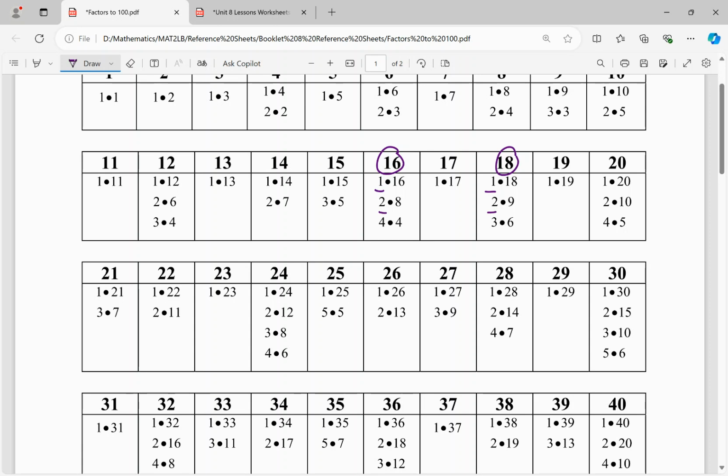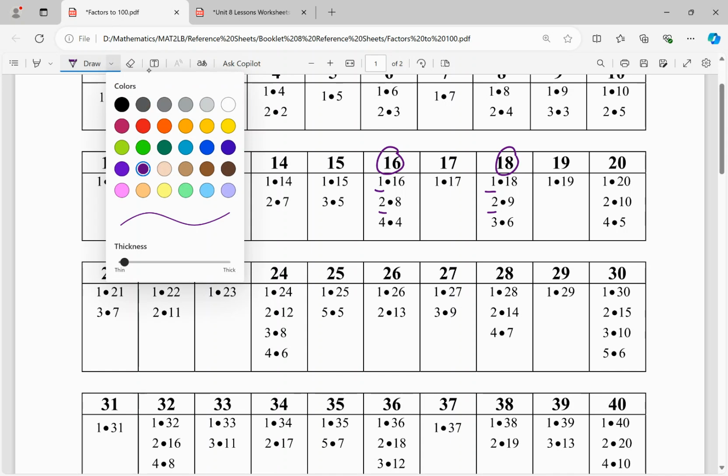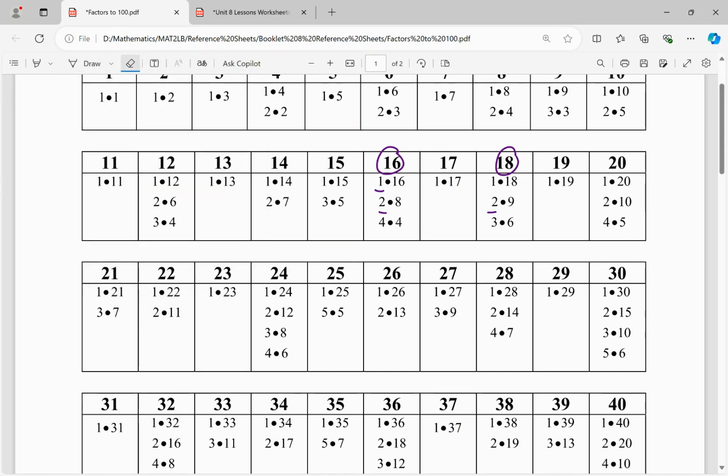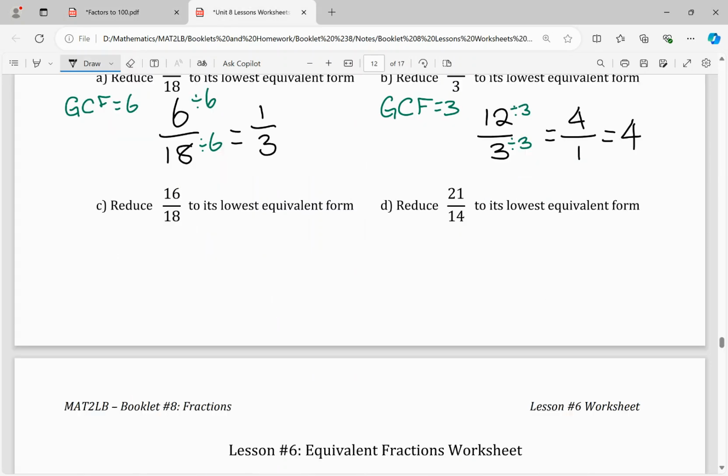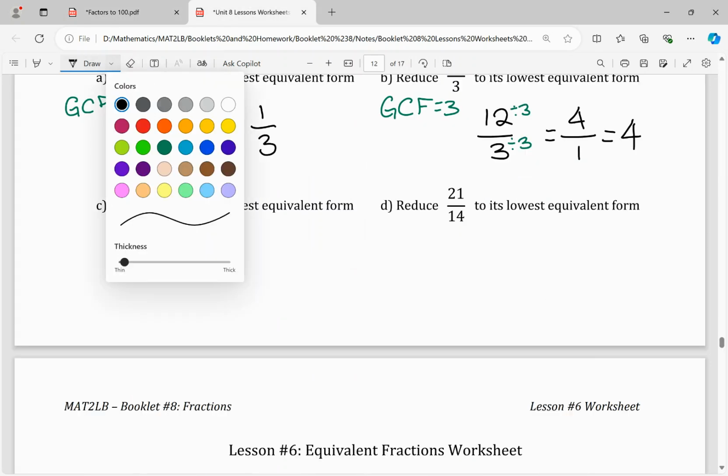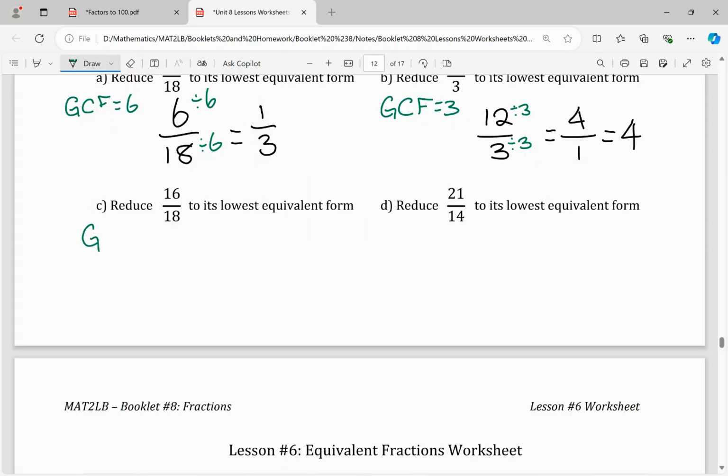Is that the largest number they have in common? It is, I believe. The largest number that both of these have in common is 2. So we take our GCF, which is 2, and we're going to divide both the numerator and the denominator by 2.